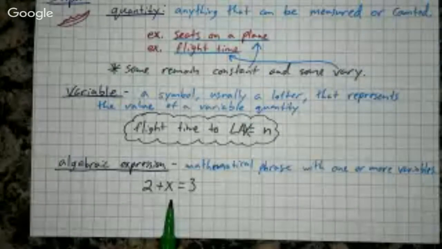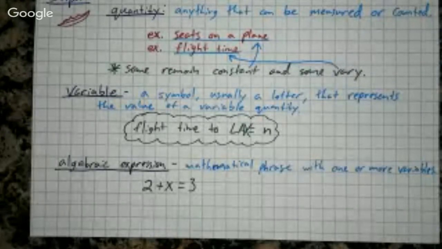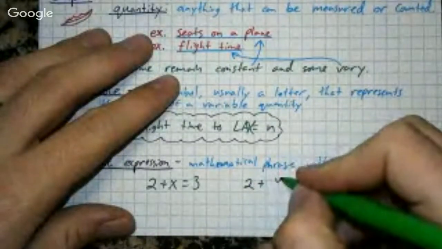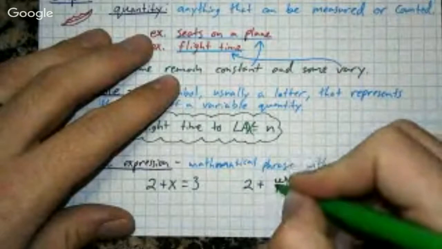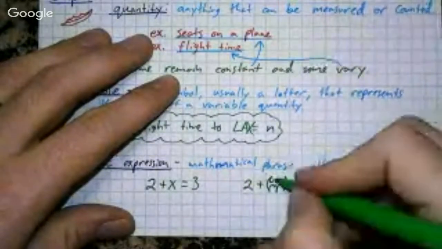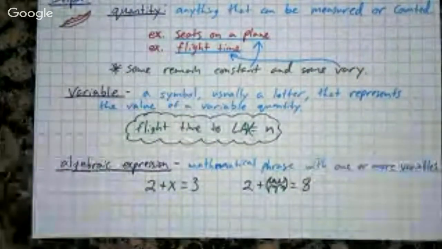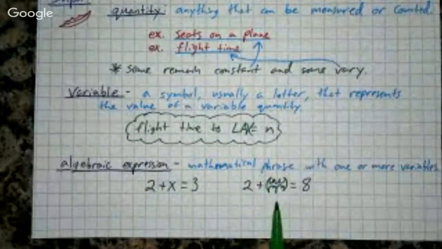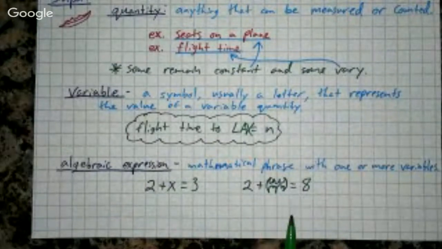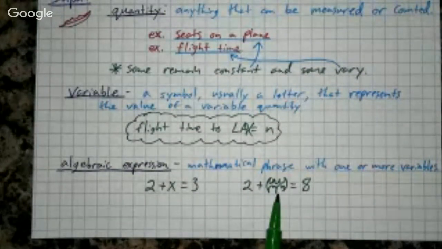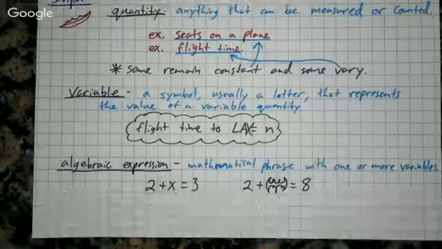Or we could even do something like this: 2 plus, and remember, it just needs to be a symbol, and my favorite symbol to draw is the bat symbol, equals 8. It doesn't need to be a letter. It just needs to be something that holds the place of a number you do not know yet. Now we can find out that x would have to equal 1 in the first situation. 2 plus bat symbol equals 8. Well, bat symbol would have to equal 6.